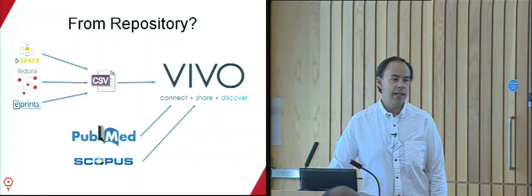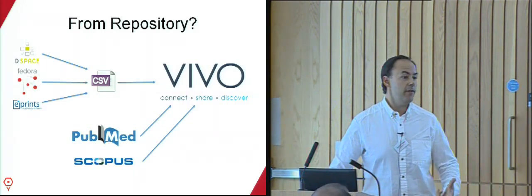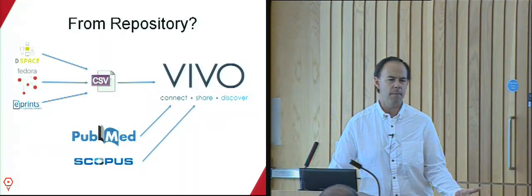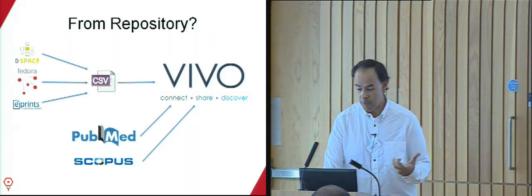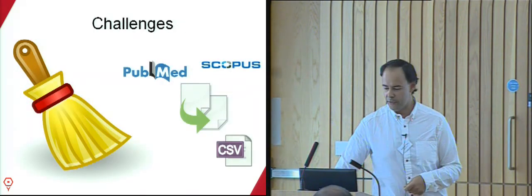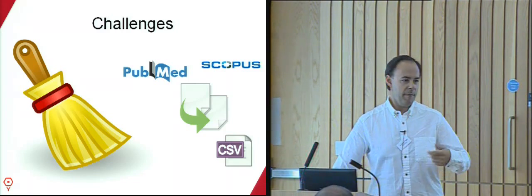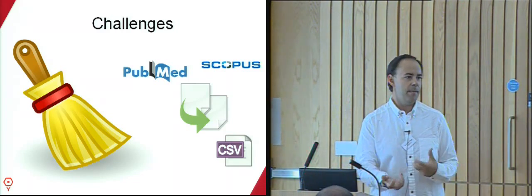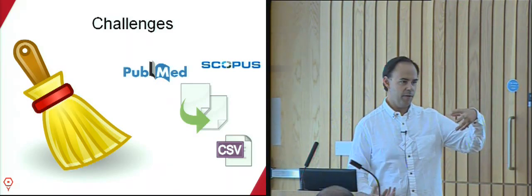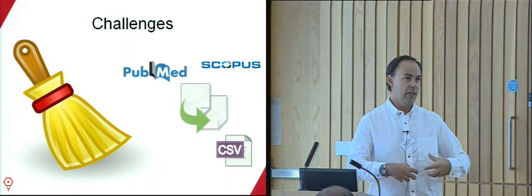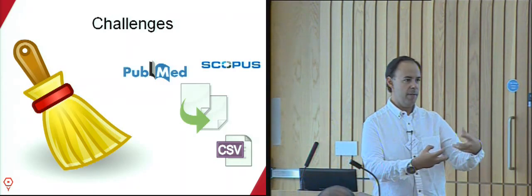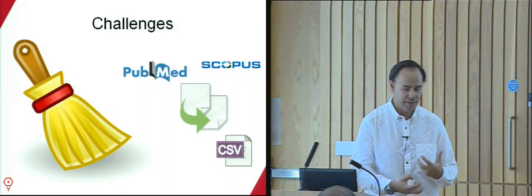You need to supplement that with everything else, from PubMed or Scopus. That's tricky because items in your repository will also be in PubMed or Scopus. How do you pull these together without multiple resources in VIVO describing the same work?